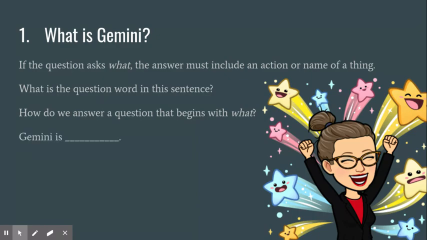So let's look at this sentence starter to help you out. Gemini is blank.